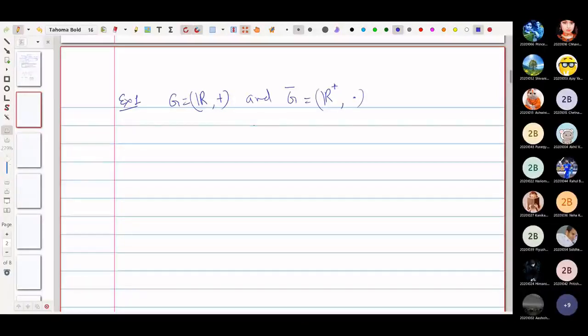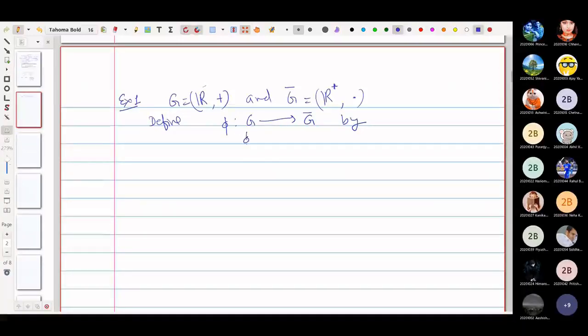Then define phi from G to G bar. There are real numbers, and there are also real numbers in G bar, but they are positive real numbers. You should note that I have written R plus here. It means we are talking about positive, non-zero real numbers.